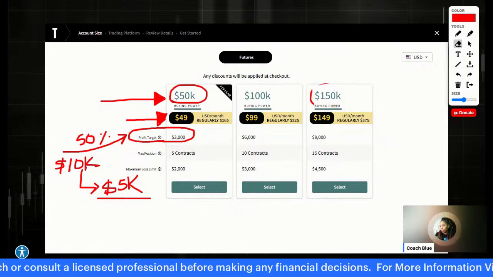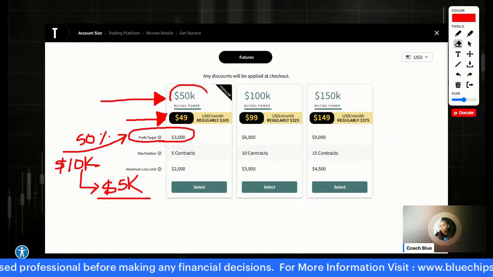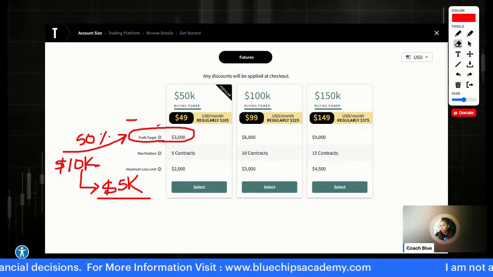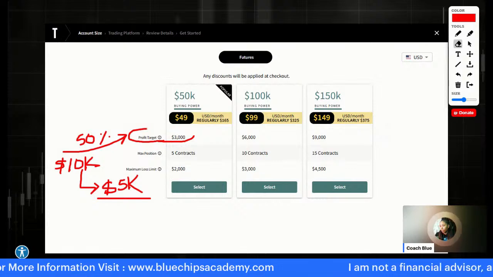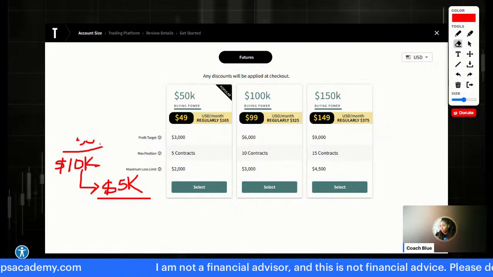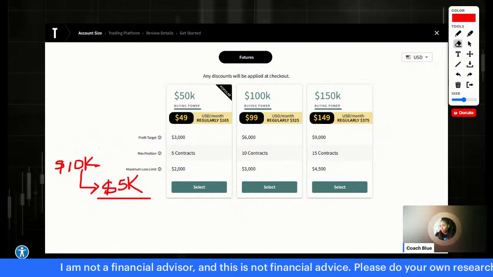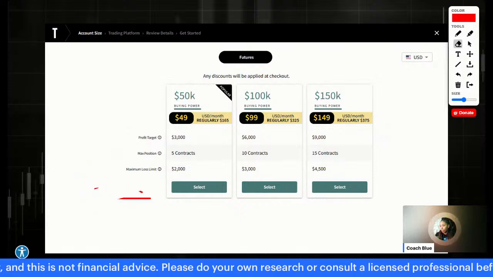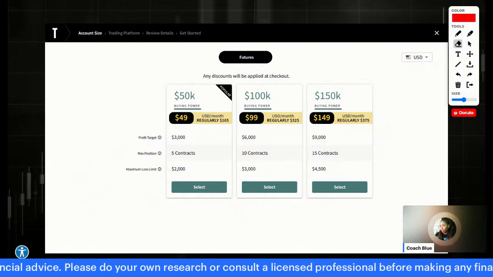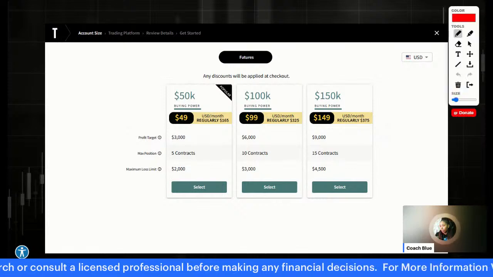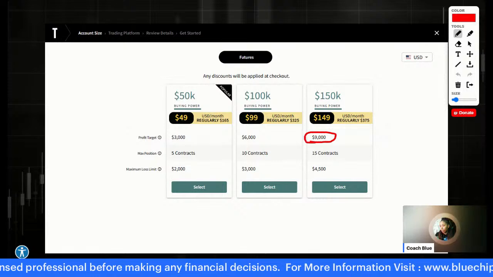Now, from my experience, I've realized that the $50,000 is a lot more attainable because you can do a lot with 5 contracts. And the goal to hit $3,000, that's not hard to do with 5 contracts. With $150,000, it's a little bit more challenging, but it's definitely still feasible. So with the $150,000 account, you have to grow it to $159,000.